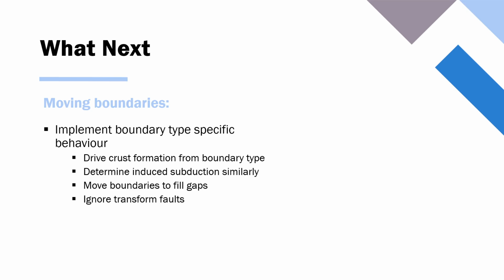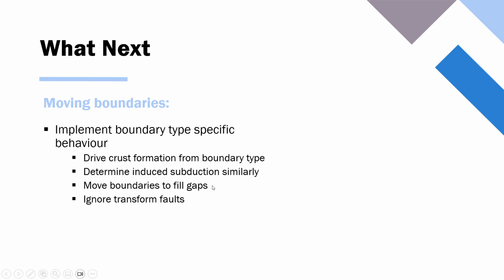Now, what we actually want to do is find out, is this a convergent boundary? And if so, only the points on one side of that boundary will actually form induced subduction, specifically the ones with the higher density. The plate on the other side will override, and so it will not begin to subduct. And this is really important, so we need to make that work.